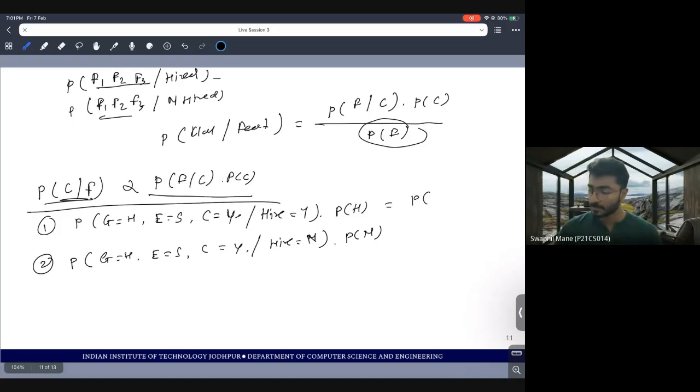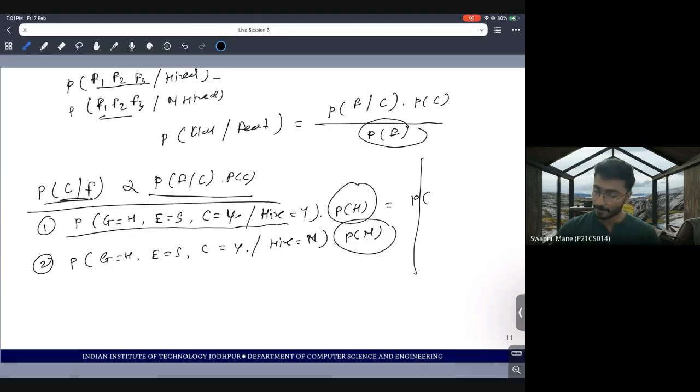I hope you guys understood these terminologies, and based on this, we need to put the values in. So we need to break this down, like the previous example we have done. Before that, we will find the probability of hired and not hired.